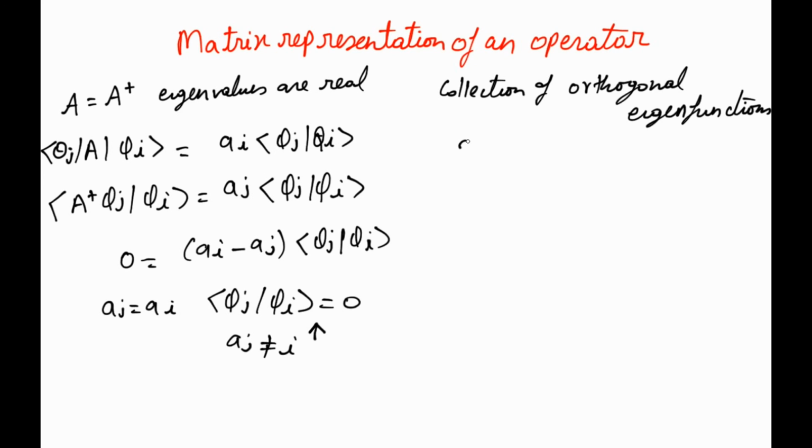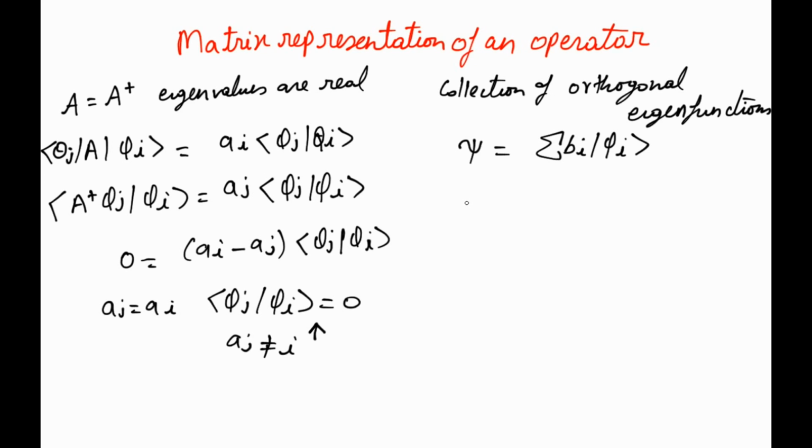So any state psi can be written as a linear combination of them. Now let's use a different notation because we have been using a for eigenvalues. Let's say b_i phi i, something like that. So this is the idea.